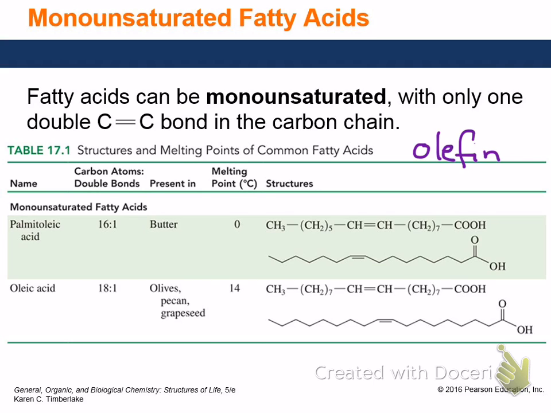When the double bond position is way back here, it gets old to count all the way back here. So we have a different nomenclature when the double bonds are really far to the back. I'll explain that to you in a second, okay? So the other thing to notice about the double bonds, these are known as monounsaturated fatty acids, is their configuration.